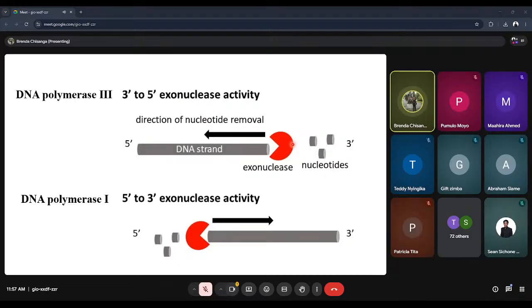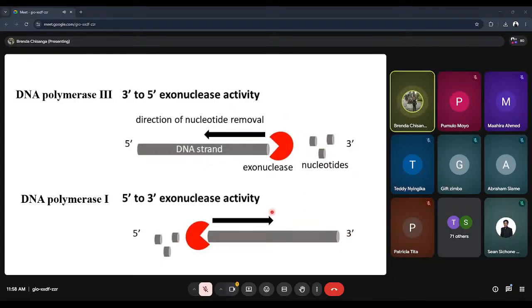What this means is that you're moving from the 3' going to this end. That's what 3 to 5 means. If this is a strand of DNA, you must stand at the 3' end and start moving in this direction. DNA polymerase 1 also has an exonuclease activity. But instead of starting from the 3' end, it stands at the 5' end and moves in that direction.